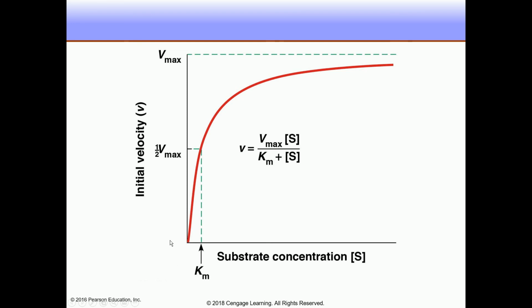As we keep on increasing the substrate concentration, you can see it has started becoming constant. After some point, when we increase the substrate concentration, the rate of reaction does not increase. This is what we are going to talk about.